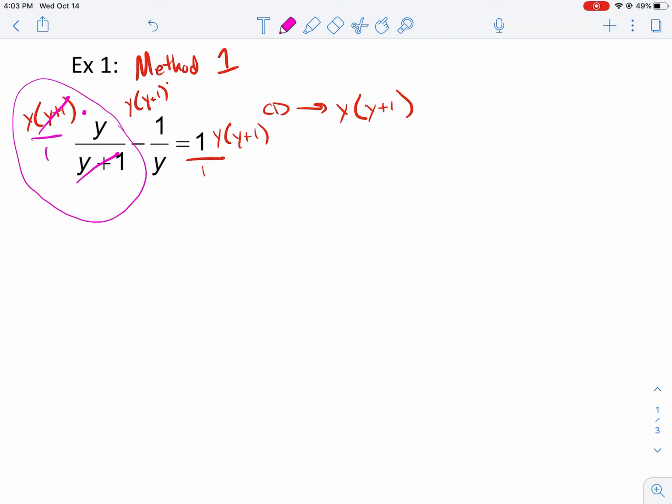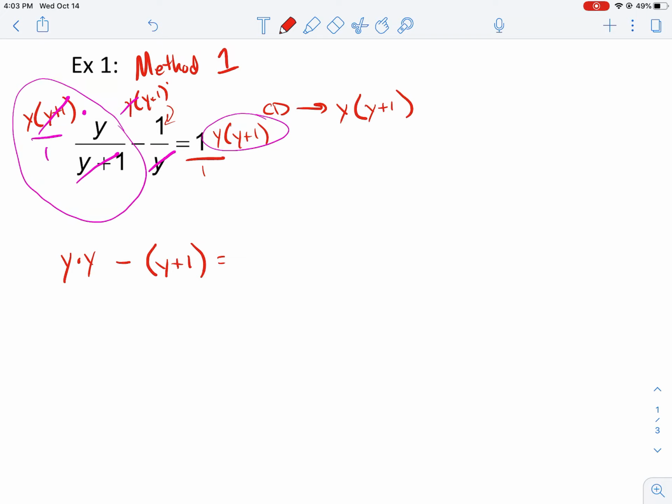On this side, the y's cancel, and over here we're just left with what we have here. So we get y times y minus, well, 1 times y plus 1 is just y plus 1.